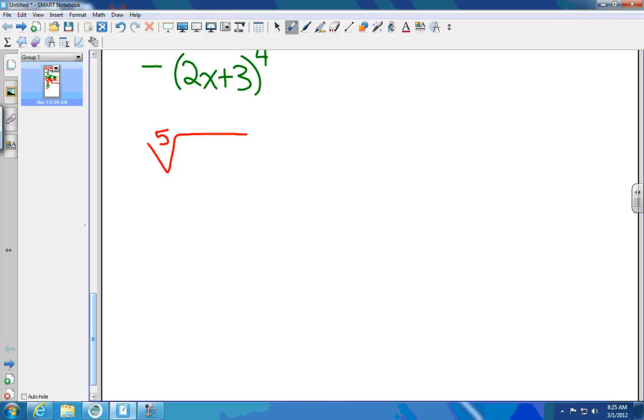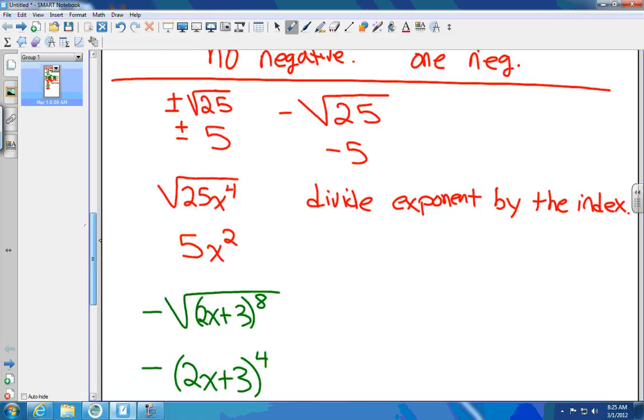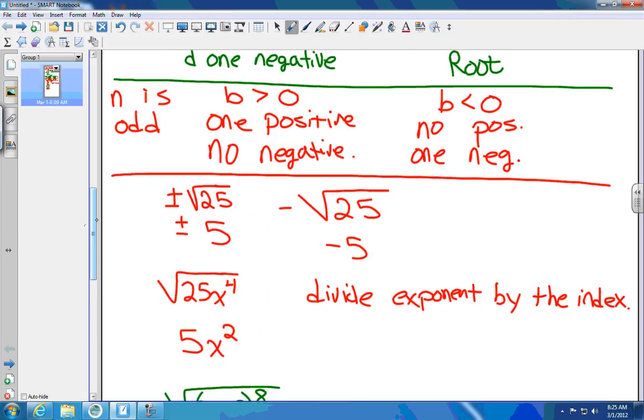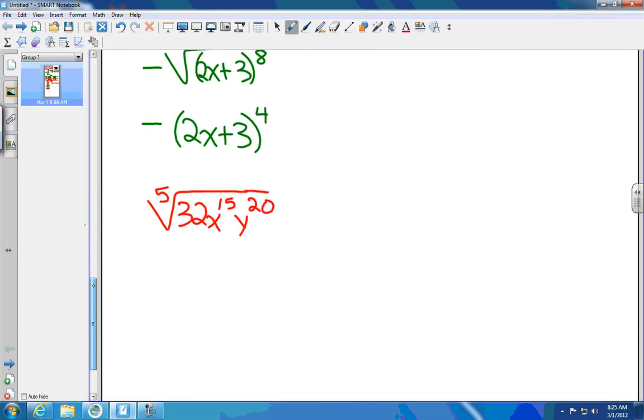Fifth root of 32x to the 15th, y to the 20th. So we have an odd. N is odd for this problem, and is it positive or negative? Positive. So if N is odd and B is positive, we should end up with one positive root, no negative ones.